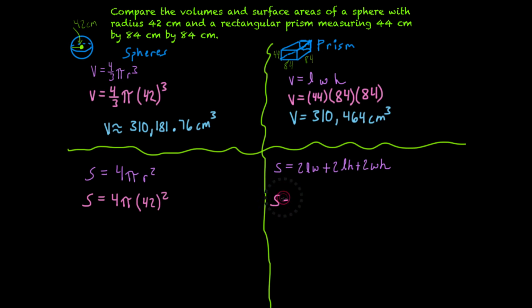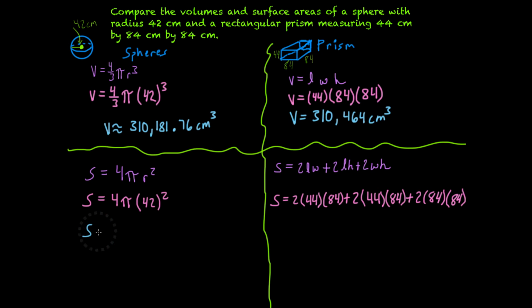S is equal to 2 times 44 times 84 plus 2 times 44 times 84 plus 2 times 84 times 84. And let's see if we can get that on screen there. Cool.